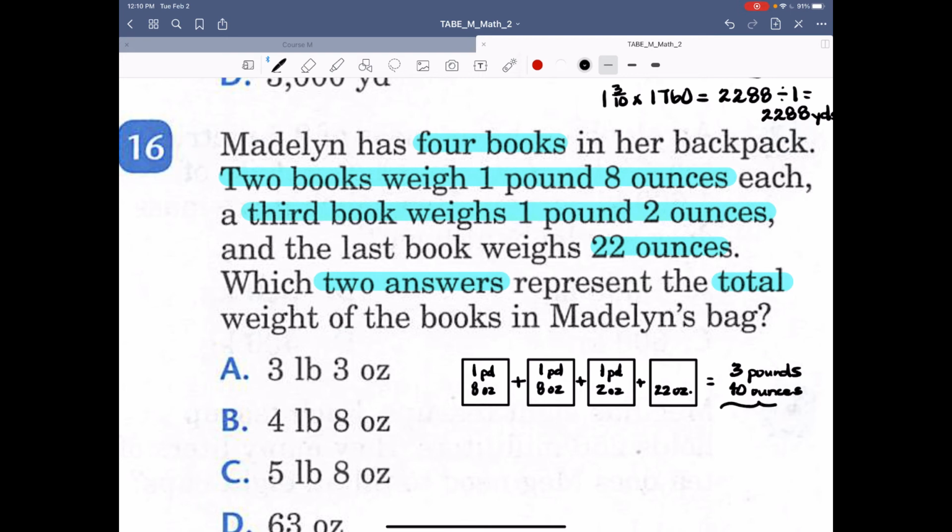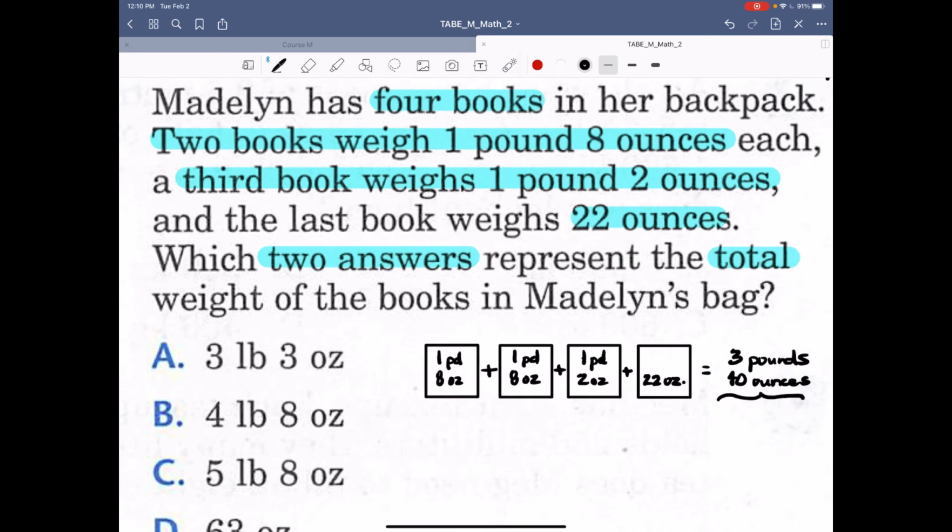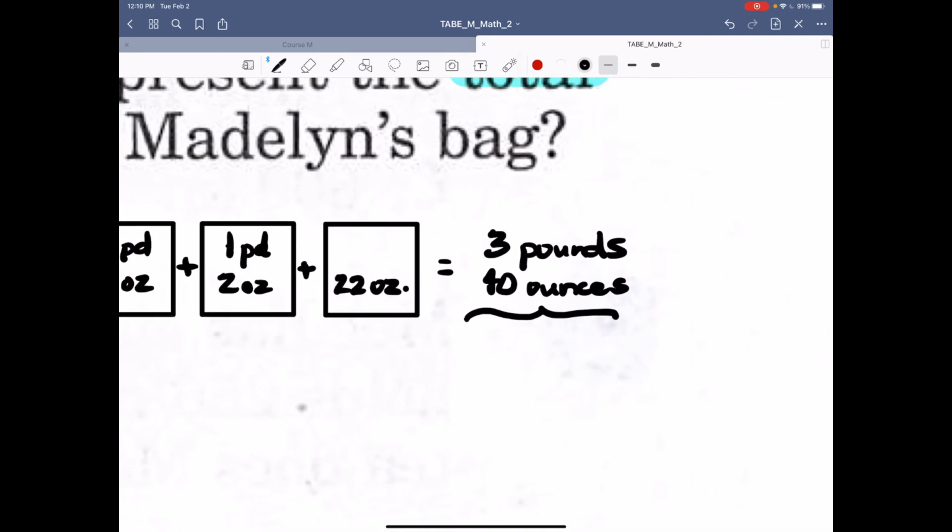So I'm going to go ahead and convert that 40 ounces just because it's huge. I know that 16 ounces would be a pound. So 32 ounces would be 2 pounds. And then we would have 8 ounces left over because 40 minus 32 would leave us with 8 ounces left.